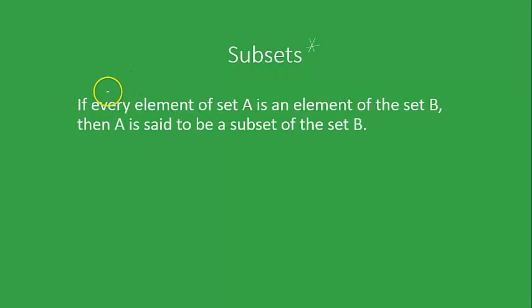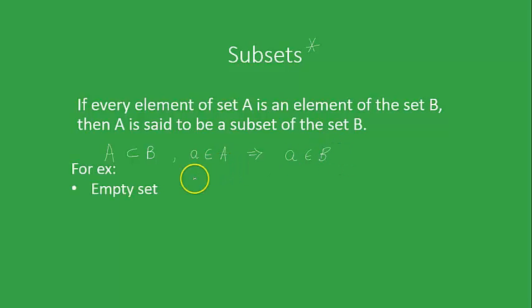The set A is called a subset of set B if every element of set A is an element of set B. In mathematical notation, it is written as A ⊂ B, and a ∈ A implies a ∈ B.